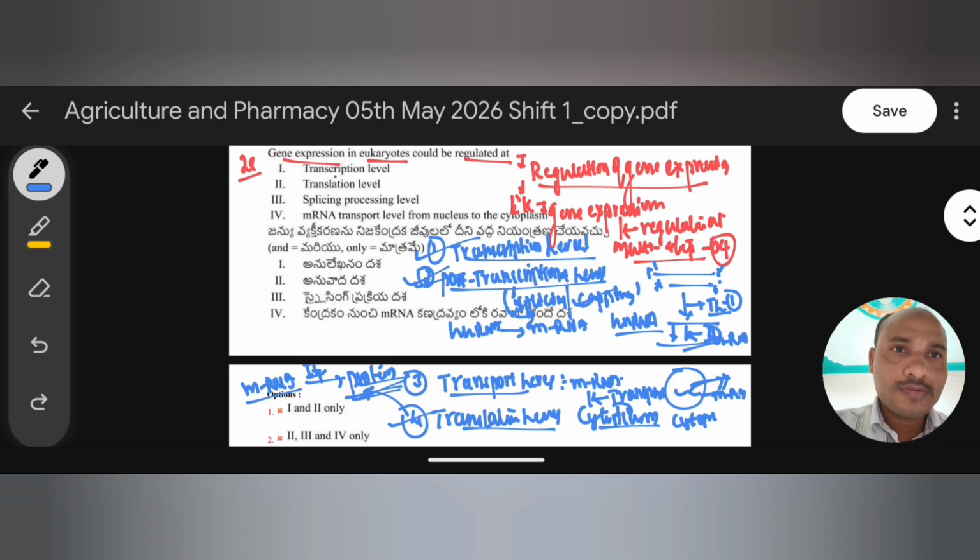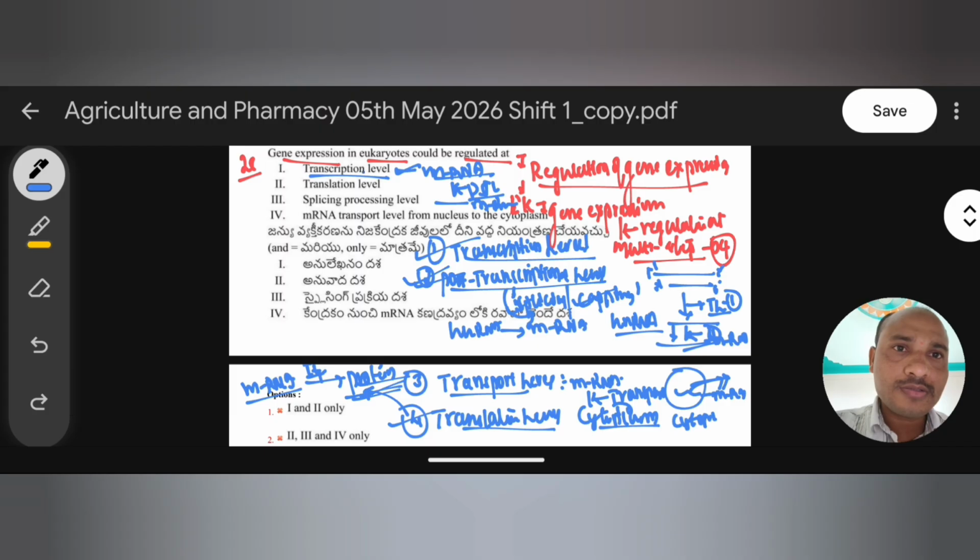So here we have to choose: gene expression could be regulated at the transcriptional level, where there is formation of hnRNA only, and when this hnRNA undergoes the post transcriptional level, there is formation of mature RNA, mRNA.